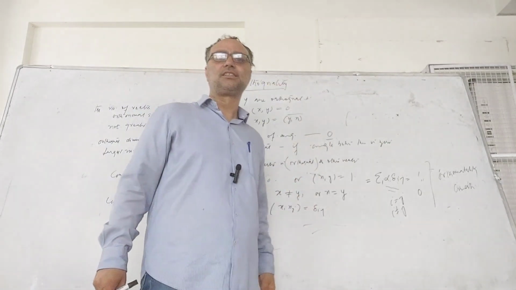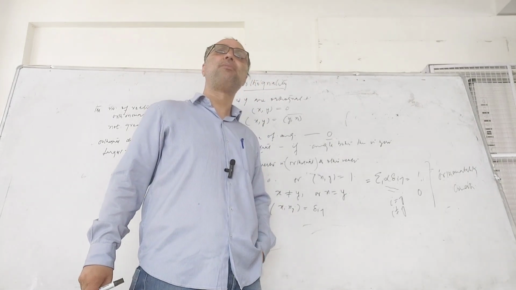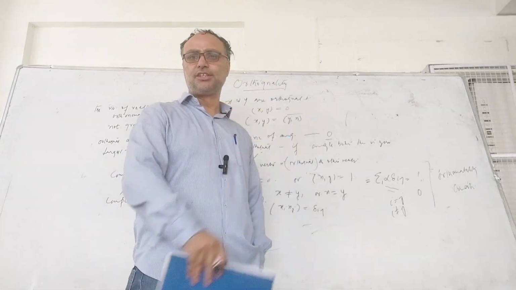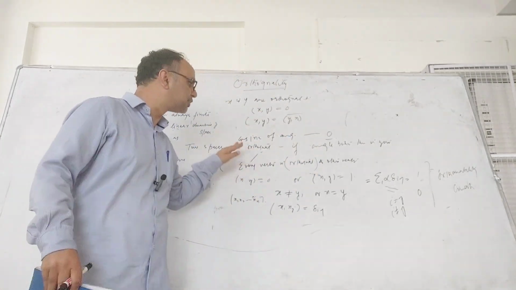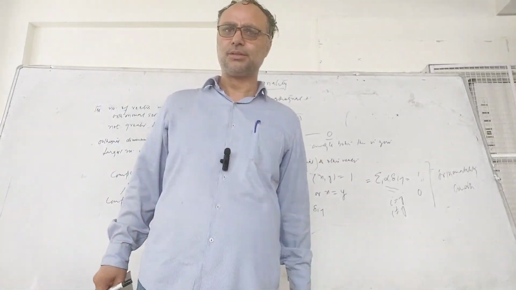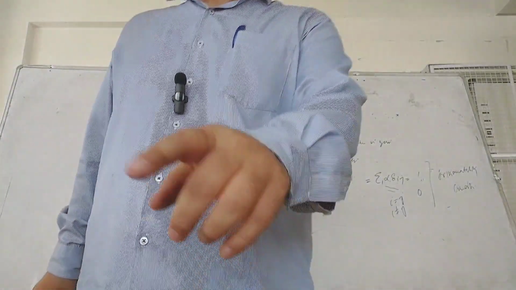That's why those three conditions are there: Hermitian, bilinear, conjugate must be satisfied. So this is an introduction to orthogonality and related things. So let me stop this class.